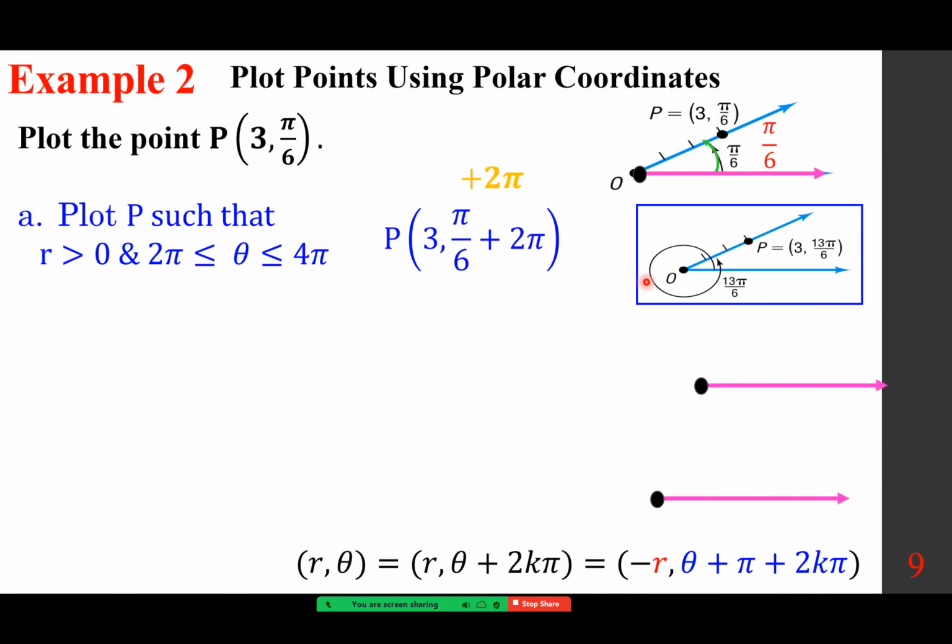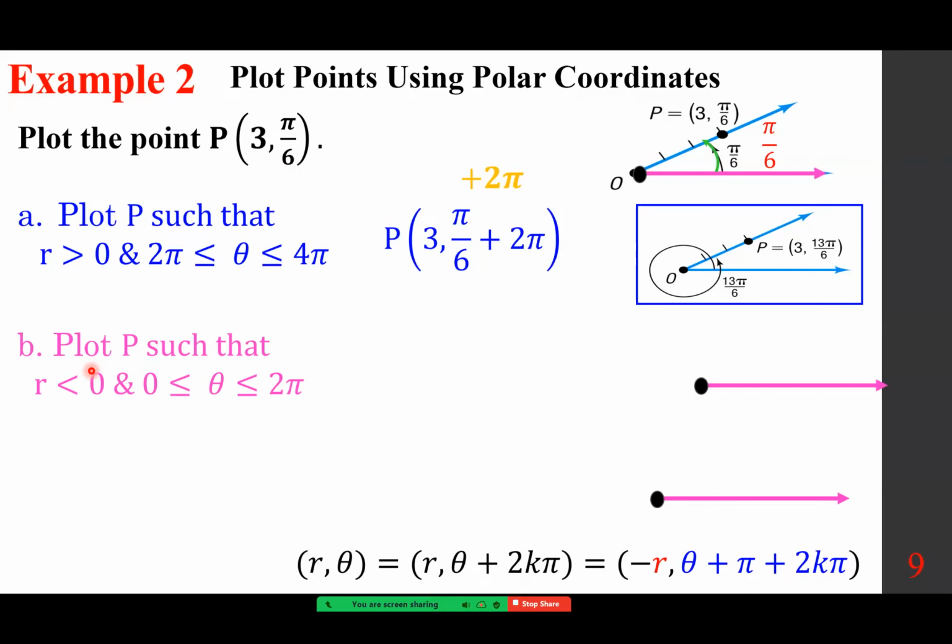The result is the same spot. We have changed the value of theta by adding 2k pi, more specifically k is 1 here. We are not changing the location of the point.